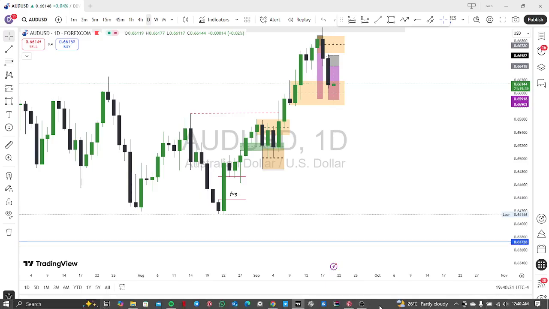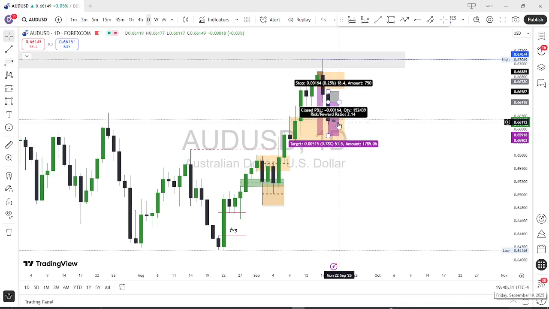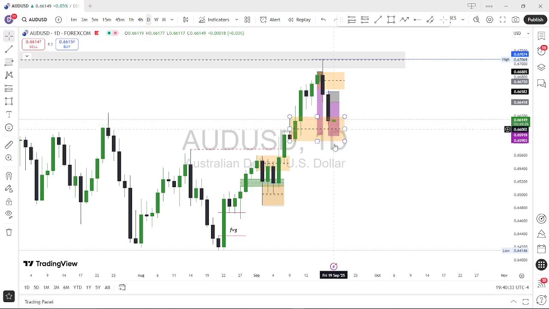You're already on the next day, which is Friday, as you can see. Friday, September 19th, 2025, and we have our other candle created. This was Thursday's candle. Friday's candle has been opened. You understand?